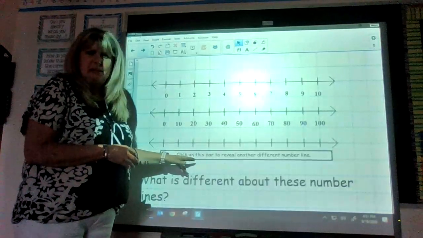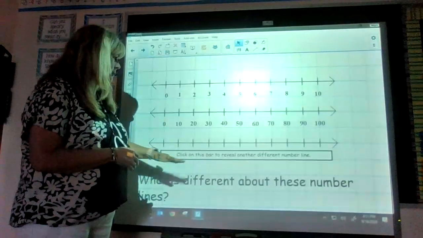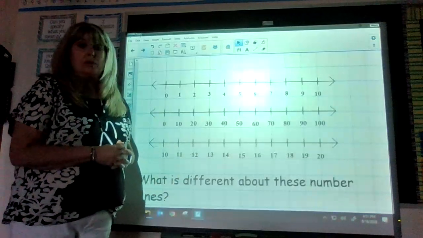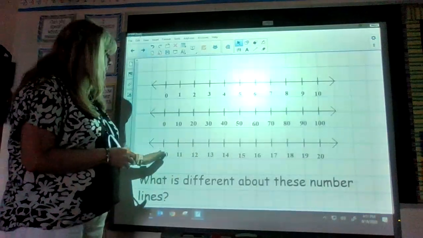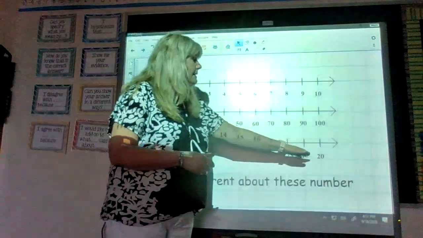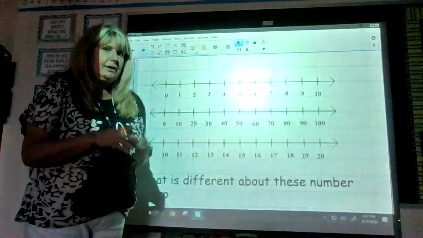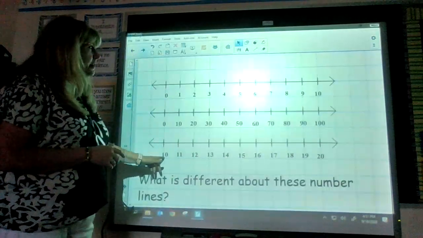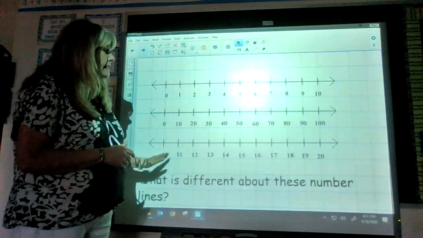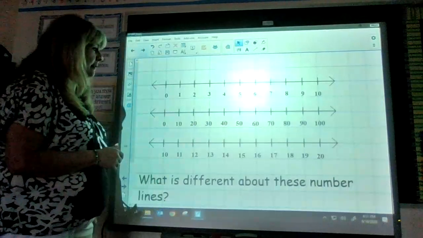Well, I wonder what this number line is doing. Ooh, what are they counting through here? 10, 11, 12, 13, 14, 15, 16, 17, 18, 19, 20. Okay, they're counting by ones also, but notice they started at a different number. So they started at 10 and went to 20.